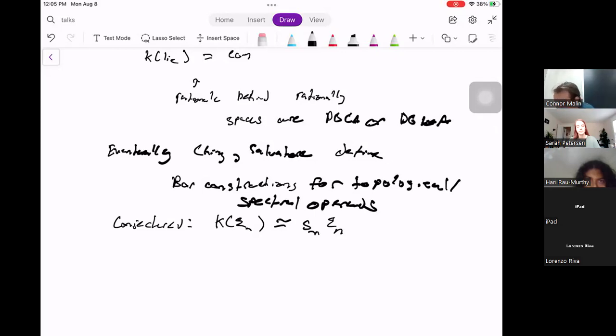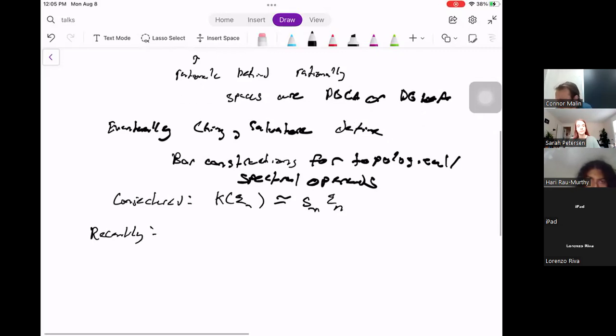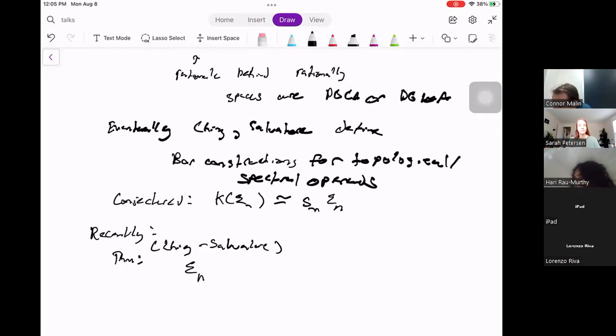It's an easy thing to guess, but it's harder to actually prove. So recently it became a theorem, again due to Ching and Salvatore, this time together, that the E_n operad is Koszul self-dual.